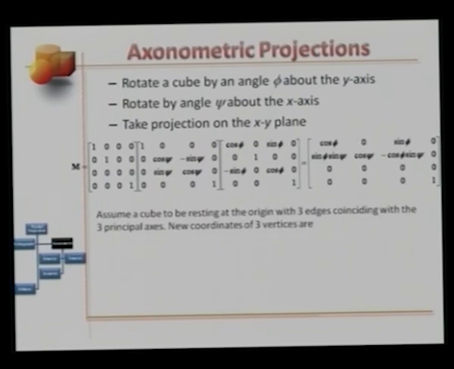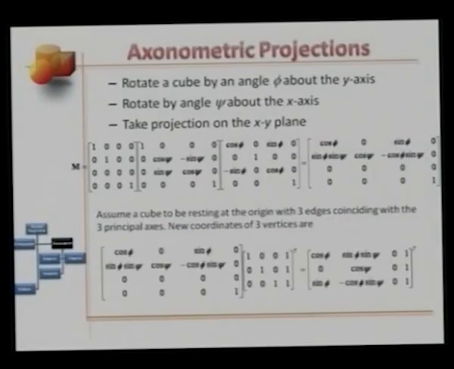We have already said that we assume that a cube is resting at the origin with three edges of the cube coinciding with three principal axes. What would the new coordinates of the three vertices be? Well, we can use this result here. We pre-multiply the coordinates of the three vertices, namely 1, 0, 0; 0, 1, 0; 0, 0, 1.